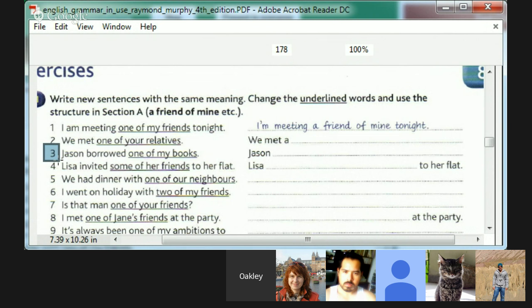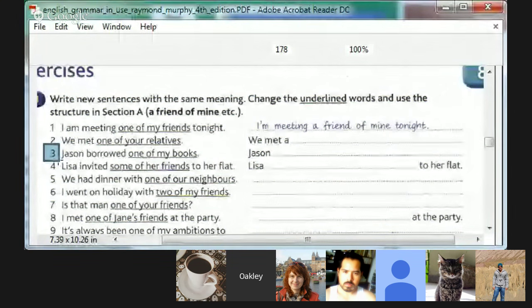Okay, Alan, can you try number 3, please? Jason borrowed one of my books. Maybe it can be Jason borrowed a book of my own property.